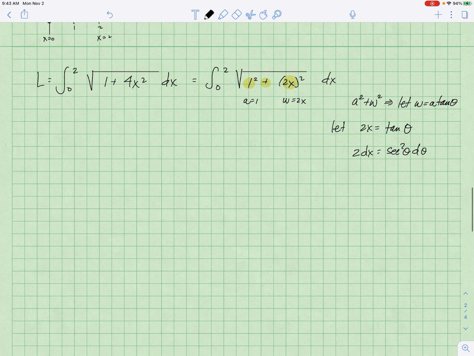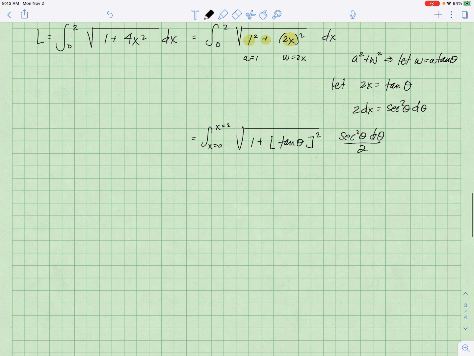And we can begin our substitution. This is from x equals 0 to x equals 2 of the square root of 1 plus 2x, which is tangent theta squared, and then dx is secant squared theta d theta over 2 as we solve that for dx.